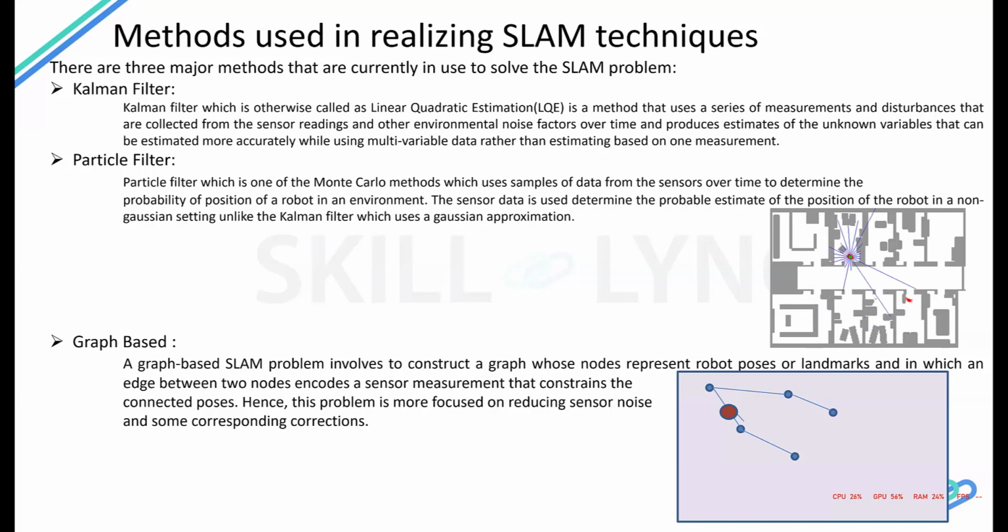Because we're talking about the Kalman filter, let's take that example, and you're trying to apply a Kalman filter on the picture below, where the green dot is your robot, and you have the surroundings around you. You are trying to produce estimates for the unknown variables. What are your unknown variables?